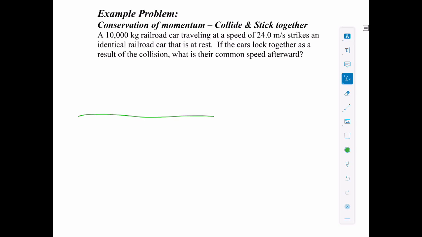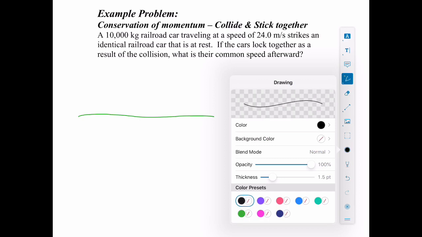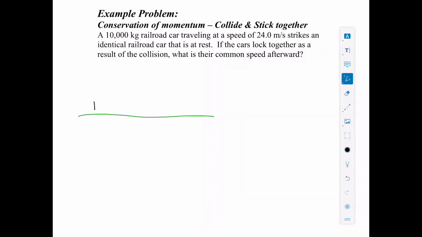That is a little better. So we've got one railroad car traveling 24 meters per second. And then it's going to collide with another railroad car that is at rest.